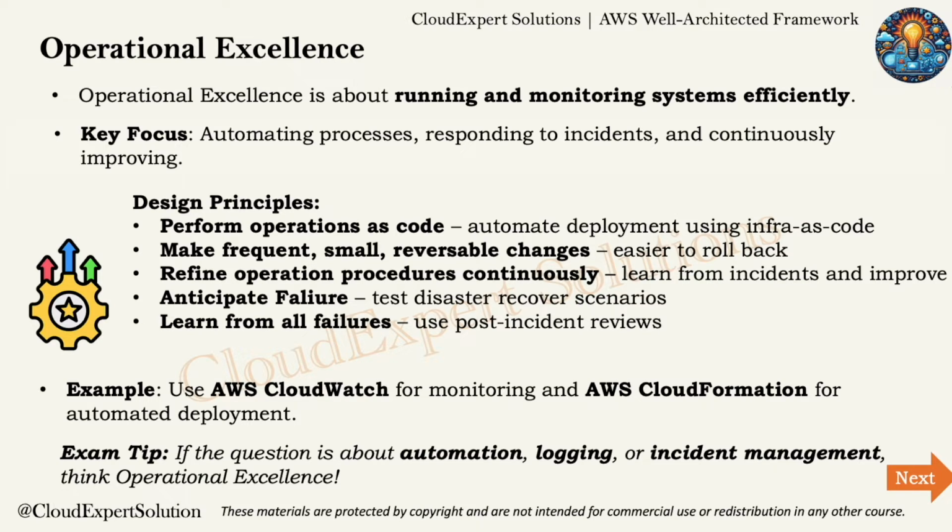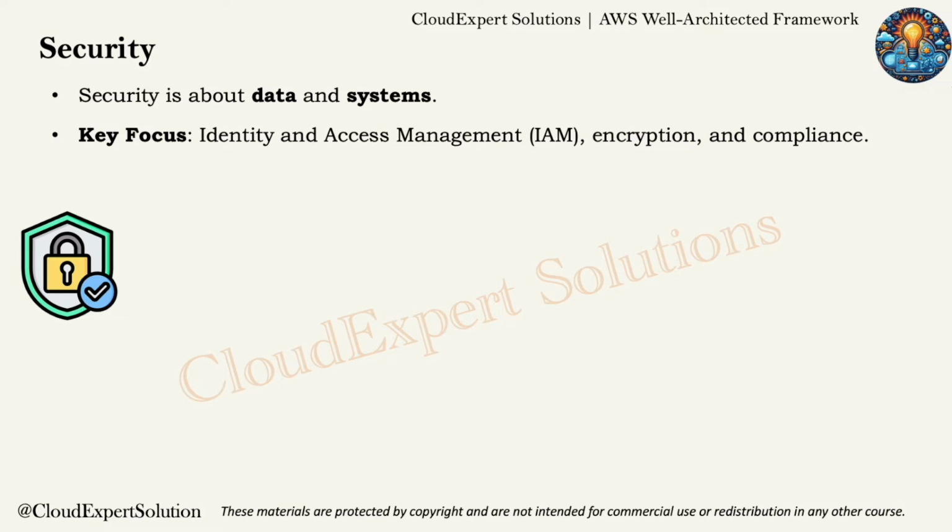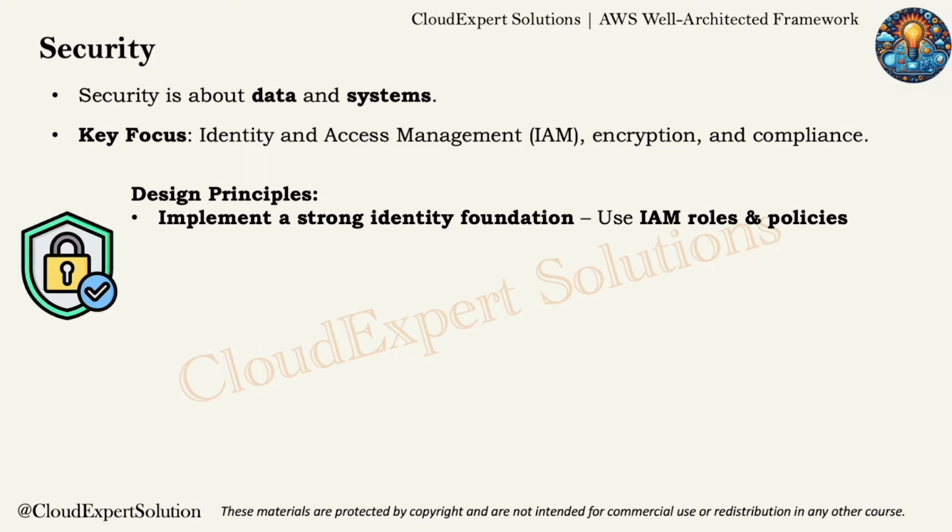Now let's move to the next pillar, the security pillar. Security is about protecting data and systems. Under this pillar, key focus areas are identity and access management or IAM, encryption, and compliance. Now let's review the design principles.